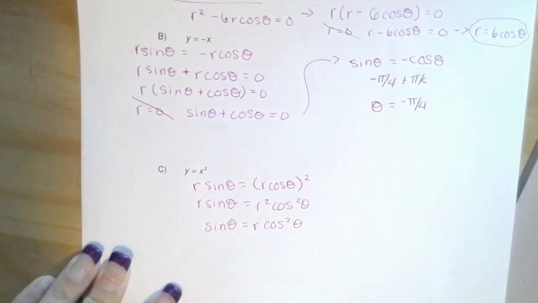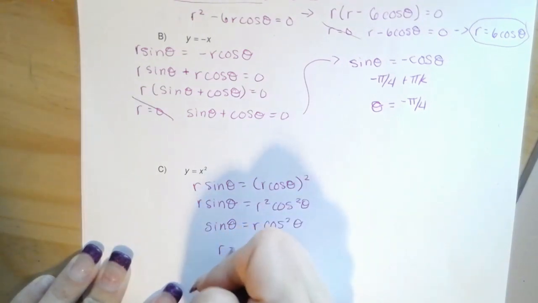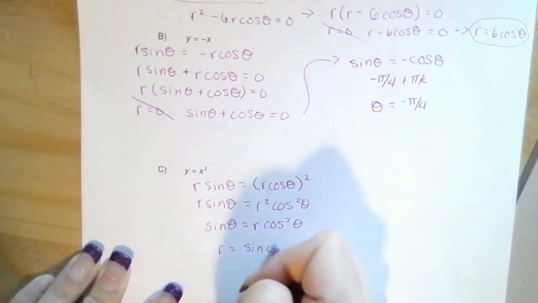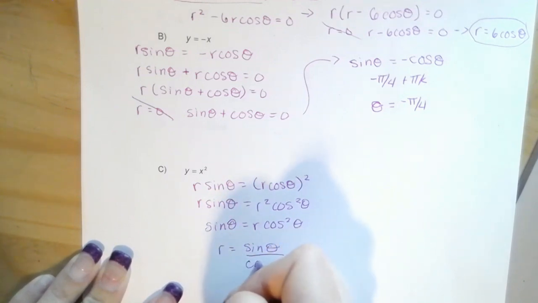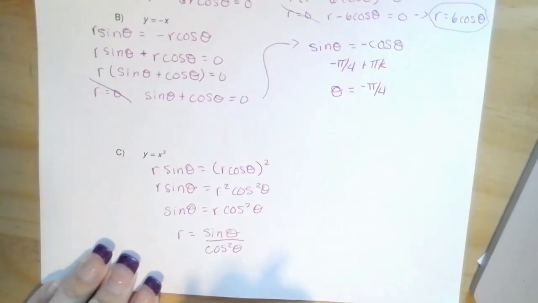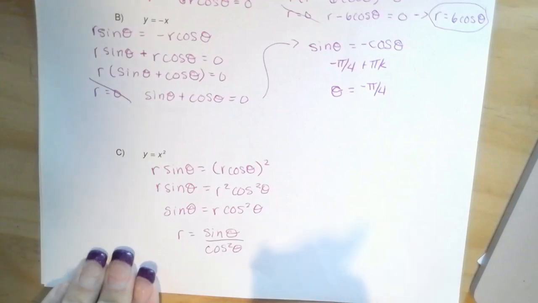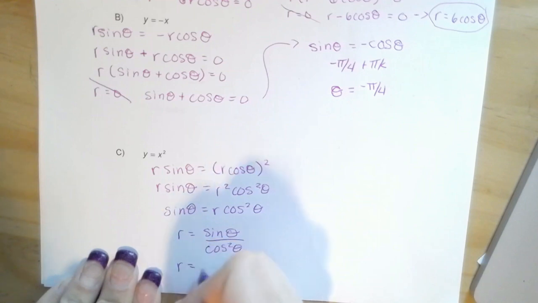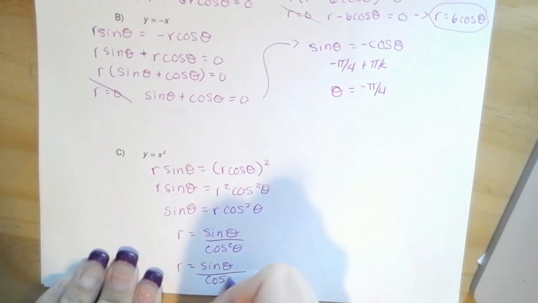So remember, the whole idea was to get r by itself if there was an r. So let's divide both sides. I'm going to say r equals sine theta over cosine squared theta. Now we're going to make this look better by having everything in the numerator. So we have to manipulate this and change this around. So I'm going to rewrite this as r equals sine theta over cosine theta, times 1 over cosine theta.